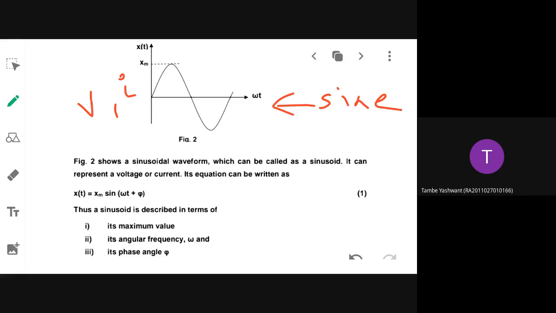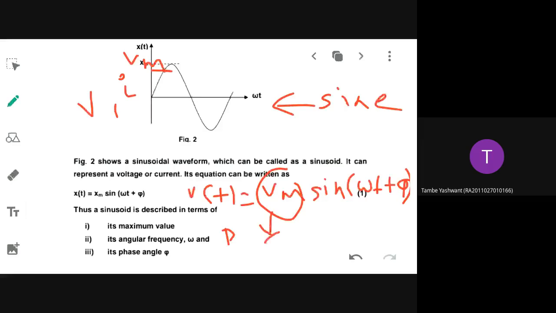All are sinusoidally varying. So if you want to represent voltage, V of t is equal to Vm sine omega t plus phi or theta. Anyway, you can represent theta or phi. This Vm is representing my maximum value or peak value.